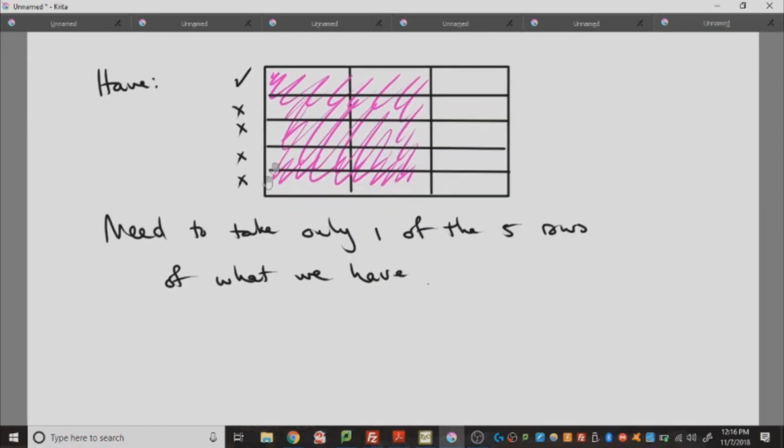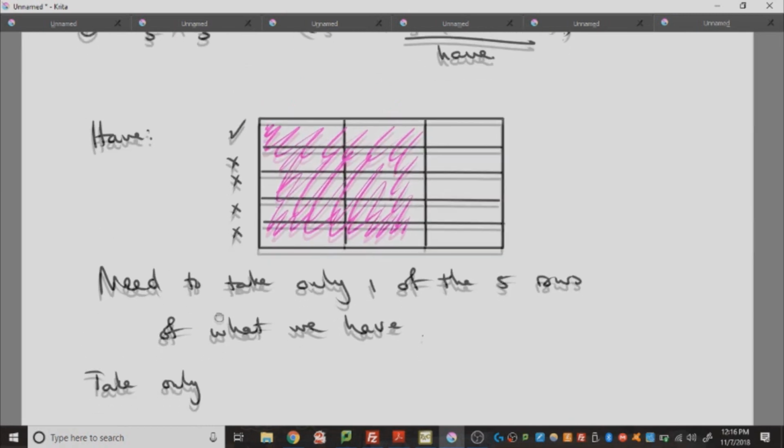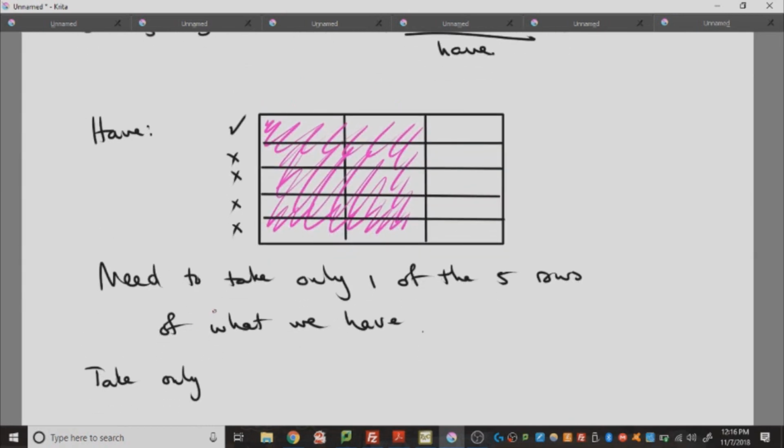So, what do we take? In terms of what I take? No, because I need to take a fifth, and the fifths are represented as rows. So once I've committed to that, I need to take one of the 5 rows.